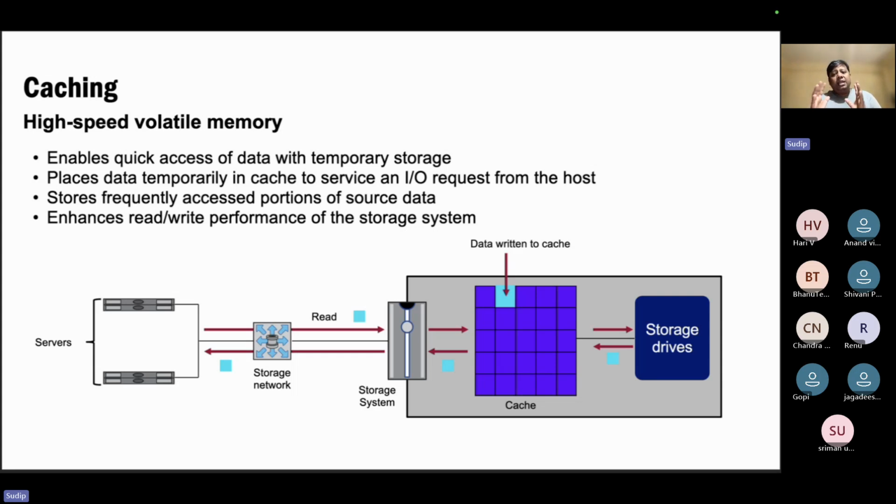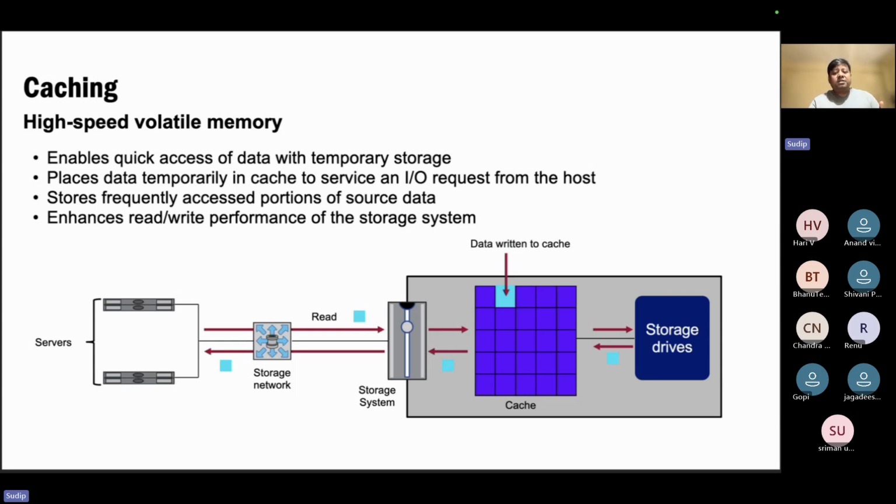So for any given application out there, more than 90% of the time, reads are going to be higher than writes. Please keep this in mind. This is a very, very important characteristic whenever you're trying to decide the architecture for a storage system.